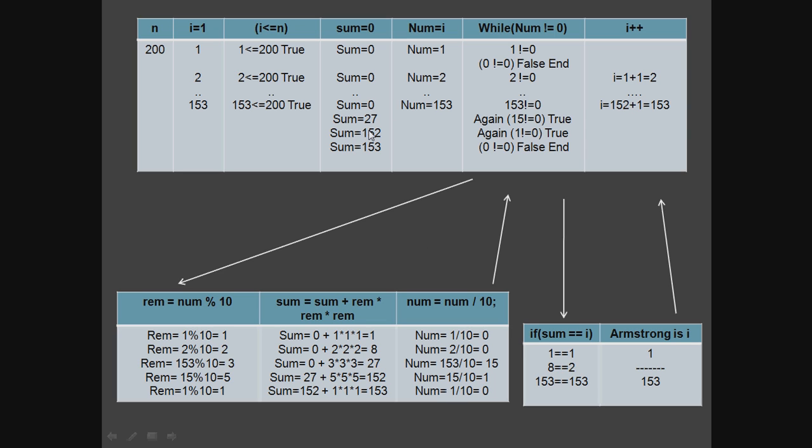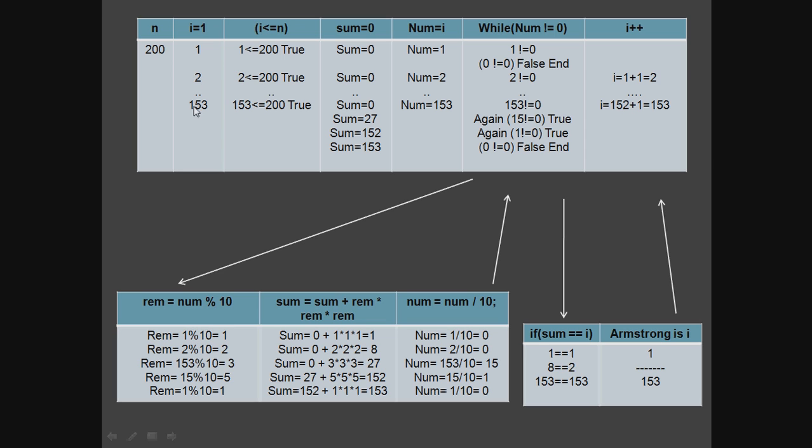So you can see the changes of the sum: as long as the while test condition is true, it keeps on adding and adding. In this case you get num as 0. Once num becomes 0, since it was a single number, the condition becomes false and it moves on to the next number.